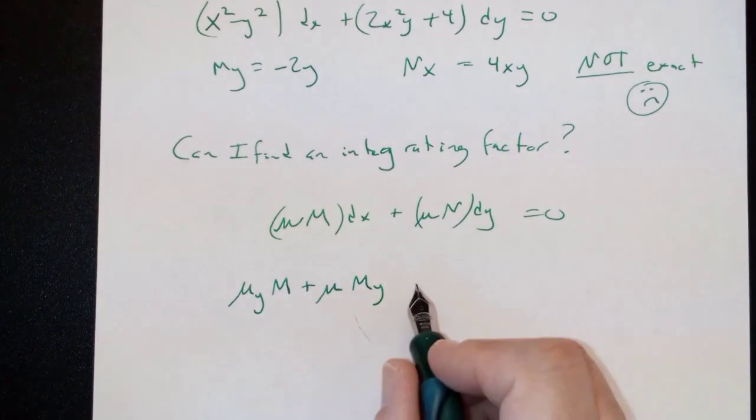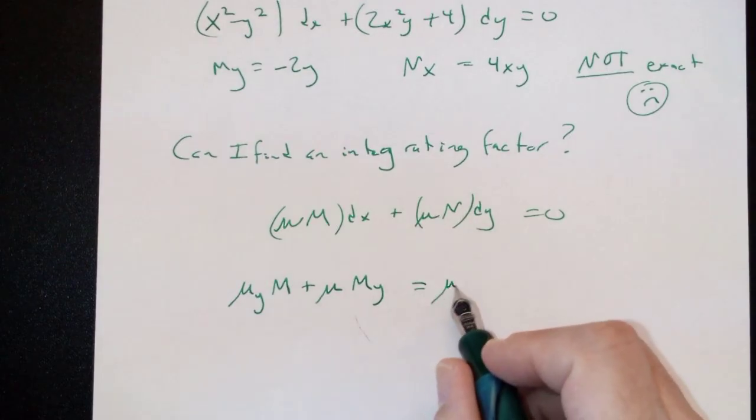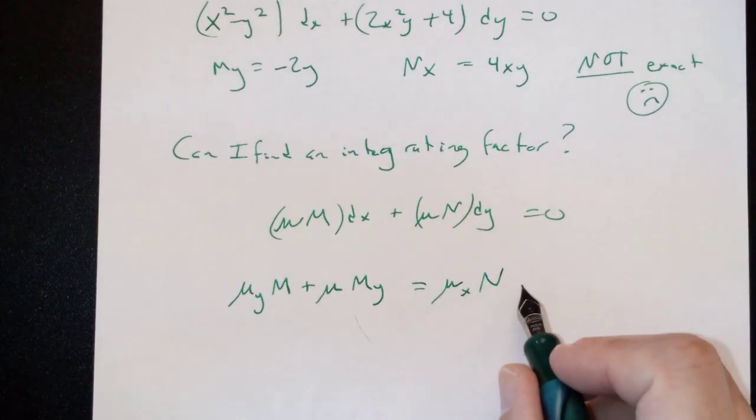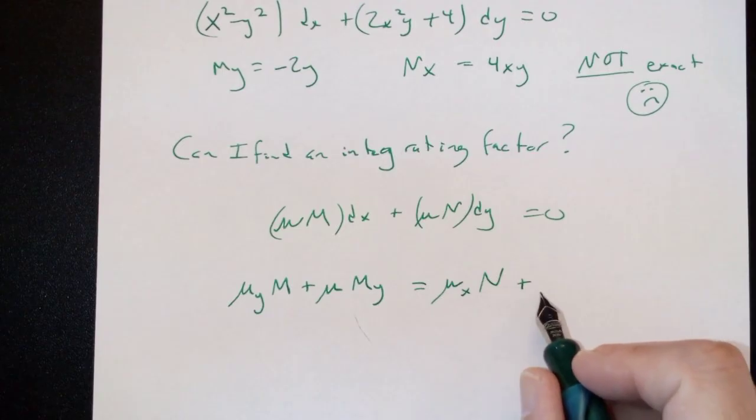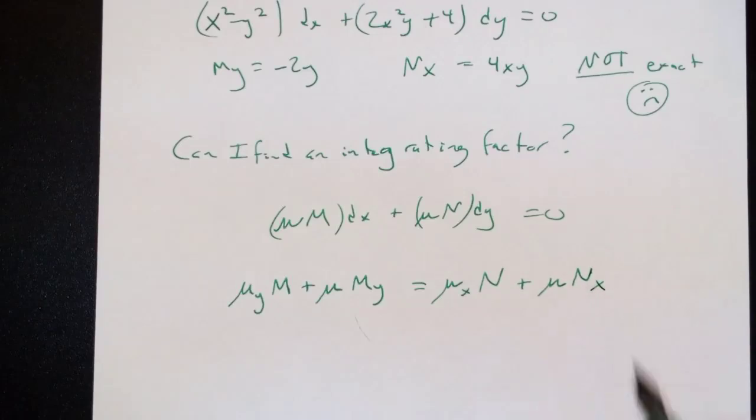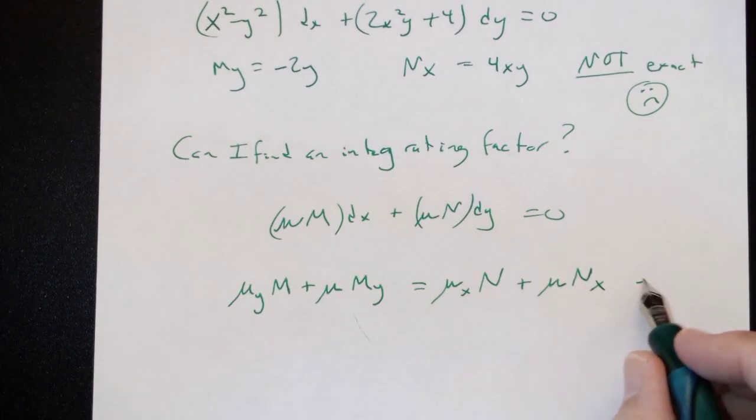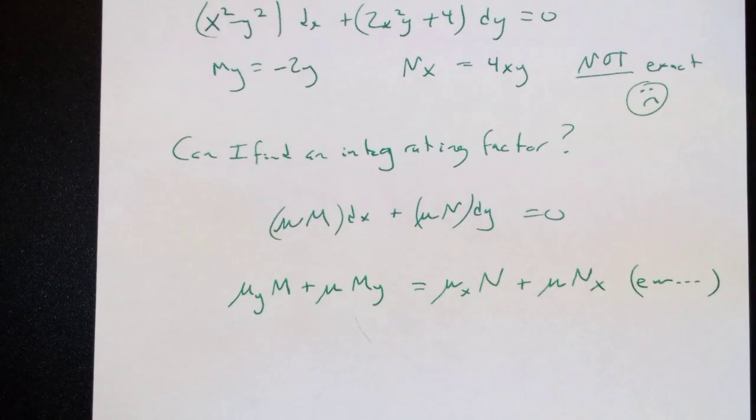And I would want that to be equal to the partial derivative with respect to x of mu times N plus mu N_x. Ew. That's nasty. I'm trying to find a function whose derivative in x and derivative in y match this sum over here on the right. No.